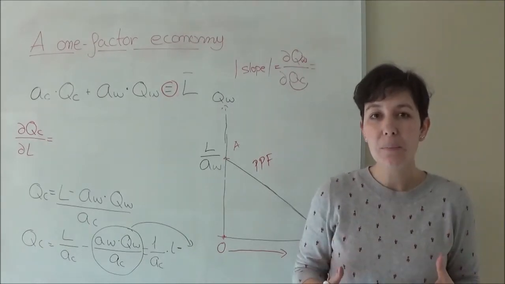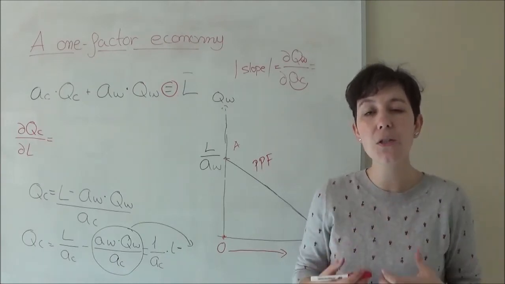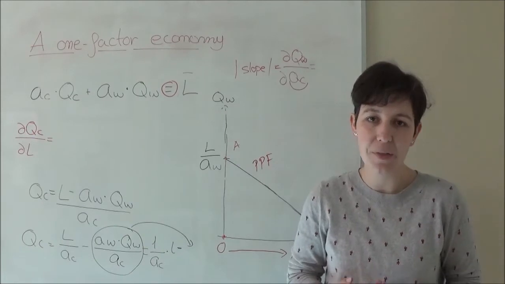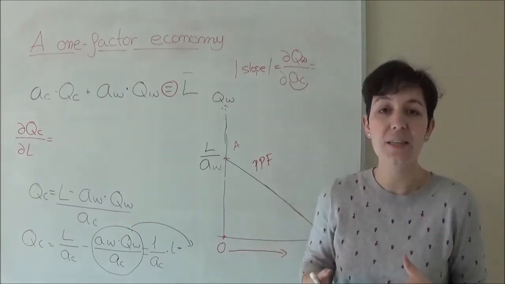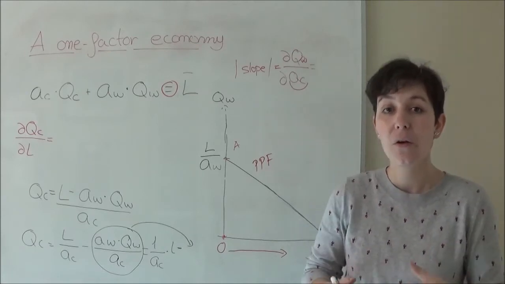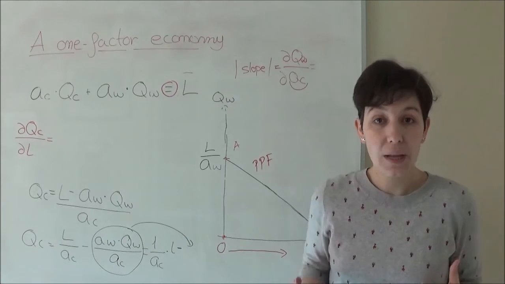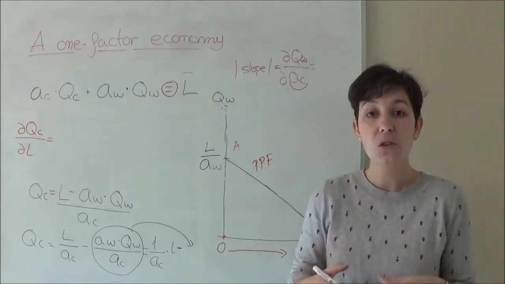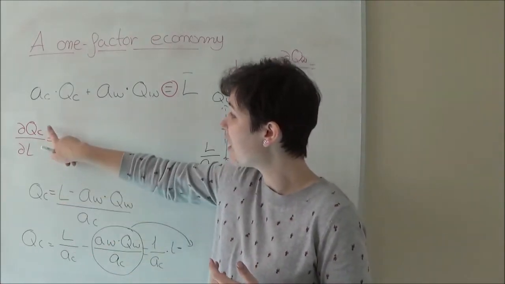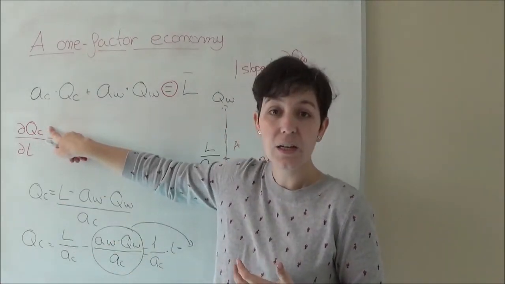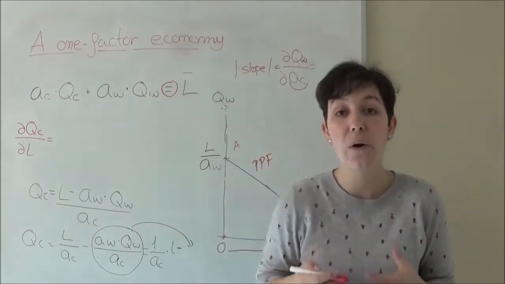When we are talking about productivity of something, we are observing how the production of that thing is going to change. In this case, we want to know how the production of cheese changes when we increase the amount of labor by one. So that is going to be the productivity of labor. So it's how this variable is going to change; here is the quantity of change when this other variable increases by 1 unit.